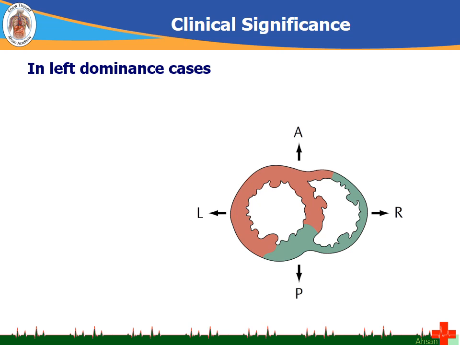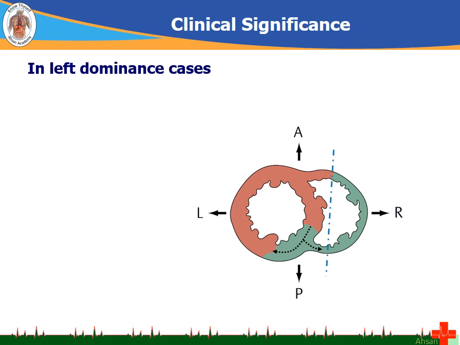Clinical significance in case of left dominance, let us see the figure. This is the normal distribution of the coronary artery in a right dominance case. In the right dominance case, the left coronary artery supply demand is still relatively more. Now, if it is left dominant, the black dotted arrow indicates this area will also be supplied by the left coronary arterial branches.